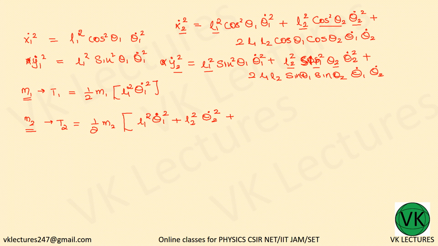Now that becomes 2 L1 L2 (cos theta 1 cos theta 2 plus sin theta 1 sin theta 2) theta 1 dot theta 2 dot.